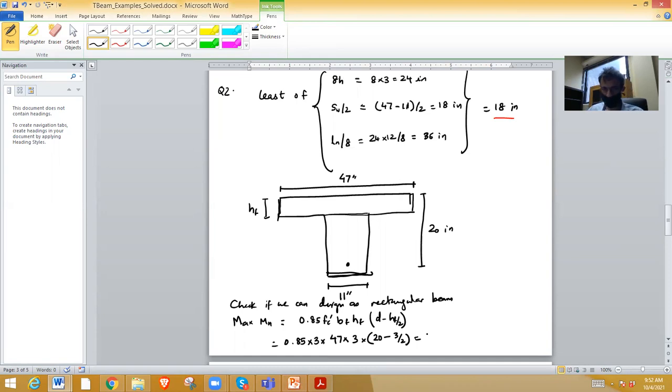Okay, so phi Mn is 0.9 times this, 5986.5 inch-kips, but this is less than Mu required, which is 6400.